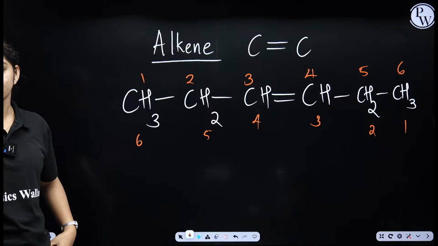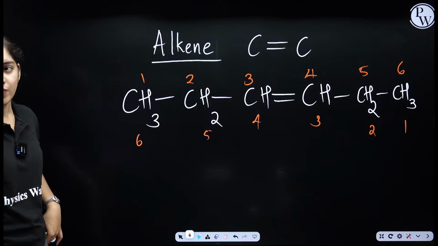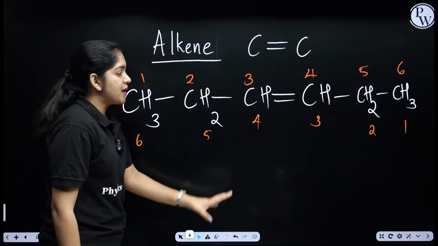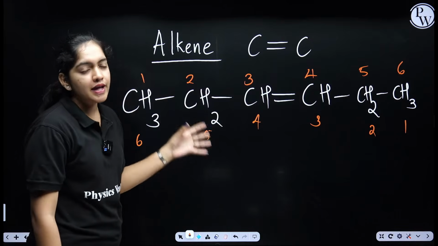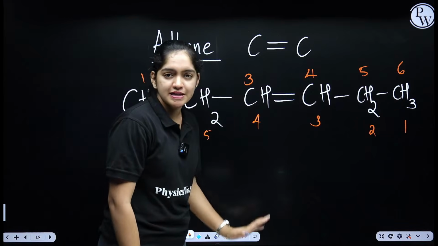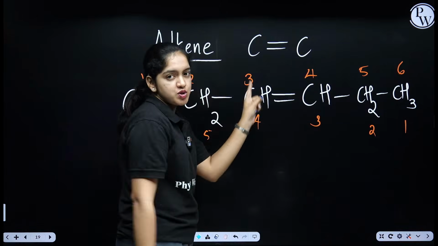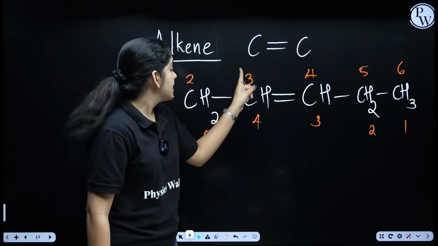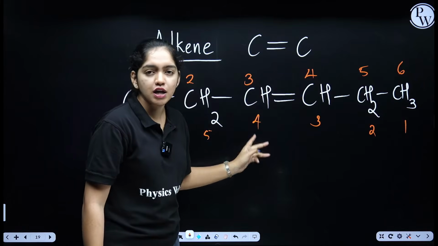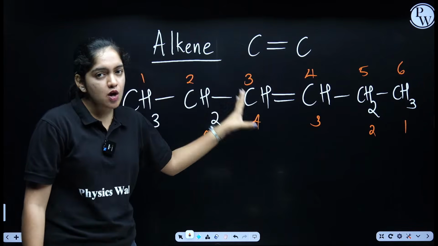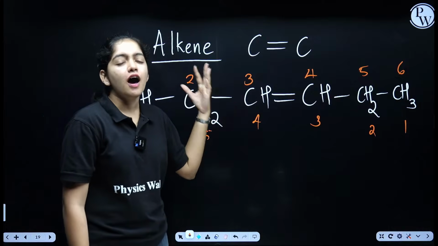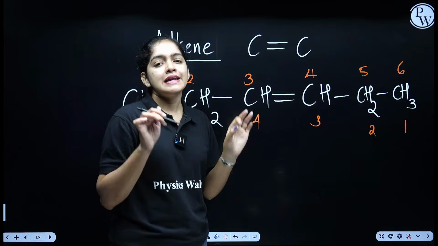Okay, so we have given the number. Now, look at the double bond, and the double bond got some numbers, right? This double bond is shared between these two carbon atoms, and we should check the numbers for both. Okay, here 3, 4, here also 3, 4. And we got the set of numbers like 3, 4, 3, 4. And out of that, choose the least number.